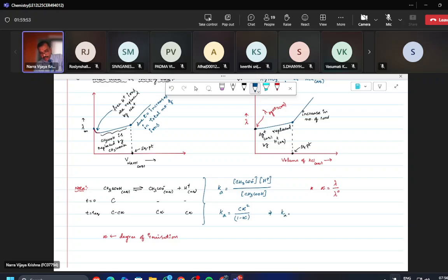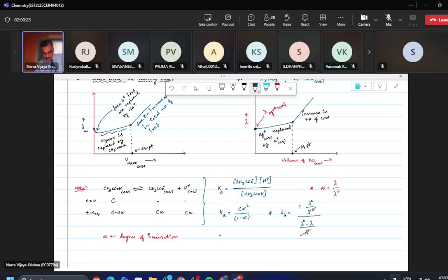Ka equals C into lambda square upon lambda naught square upon 1 minus lambda by lambda naught, which is lambda naught minus lambda upon lambda naught. One lambda naught gets cancelled.